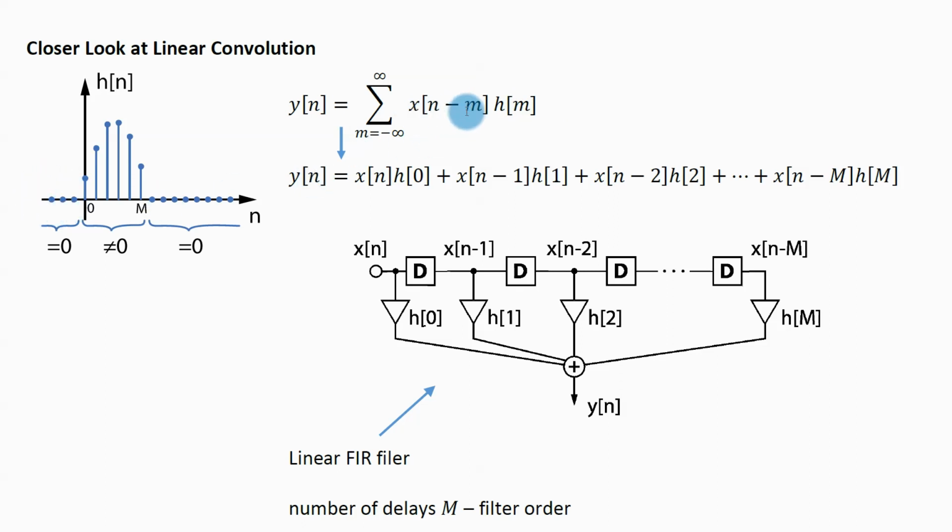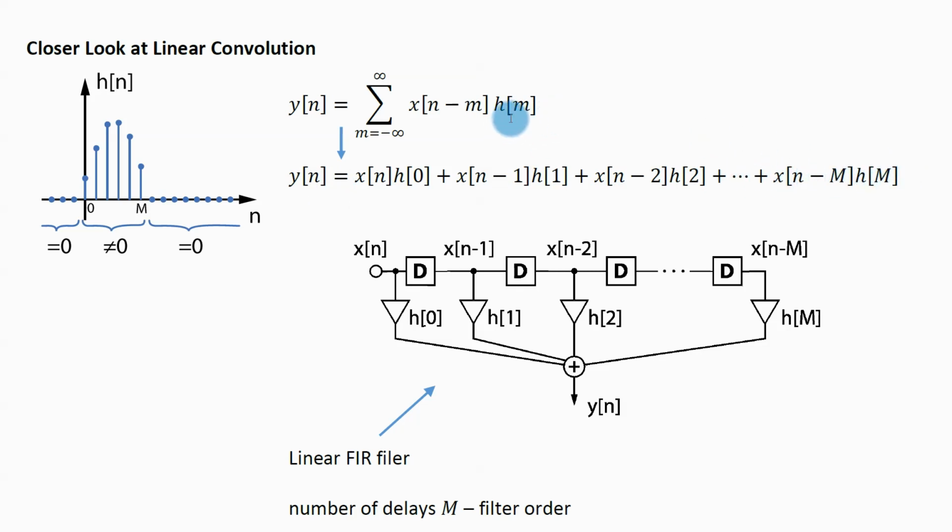The first non-zero sample that I will get here is for m equal to 0. And for m equal to 0, I will get this. For m equal to 1, I will get this. For m equal to 2, I will get this, and so on and so forth, all the way to lowercase m being equal to uppercase M, that is this sample, and for that sample I will get this.